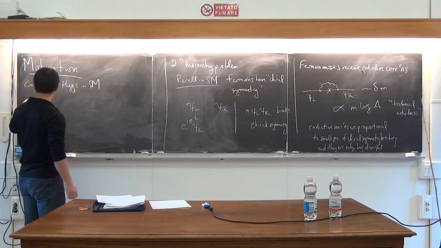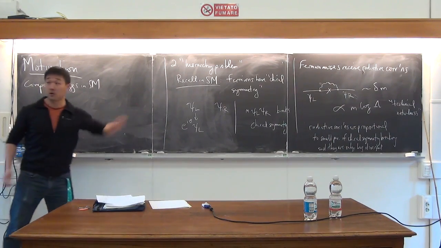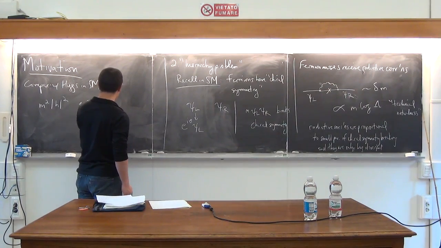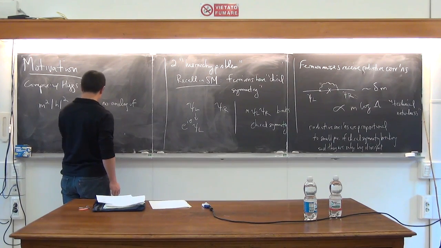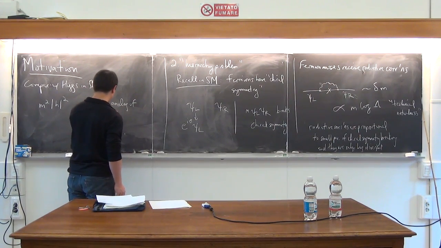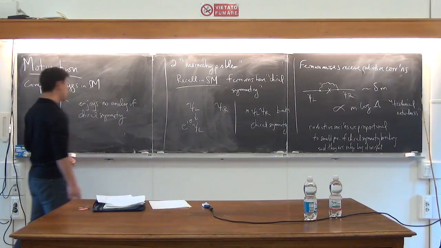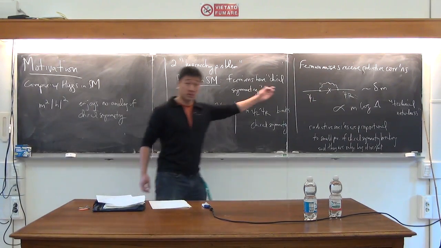So the Higgs mass term looks like this, and there's no way to rotate the Higgs and, say, the Higgs star, for instance, to get something like chiral symmetry. Okay, so this enjoys no analog of chiral symmetry, right? And so that means that there's nothing protecting the Higgs mass from these divergences.